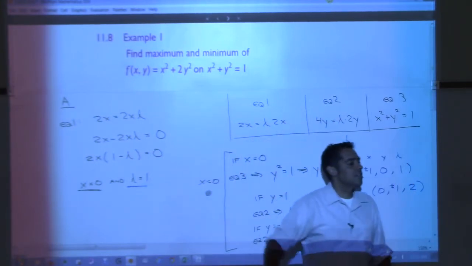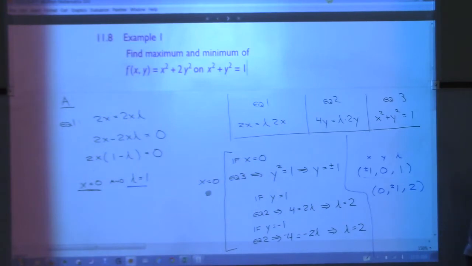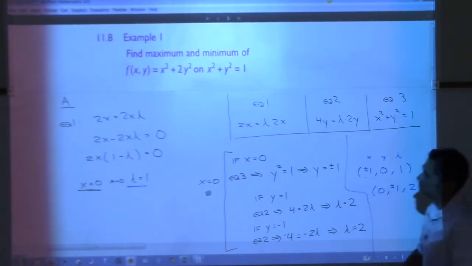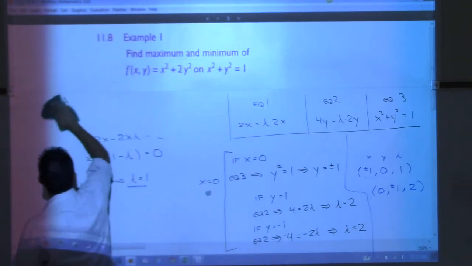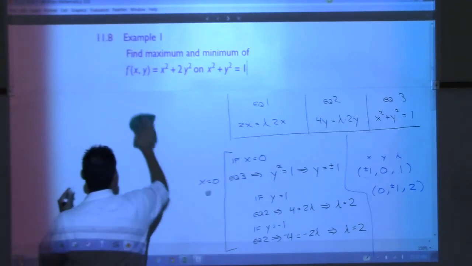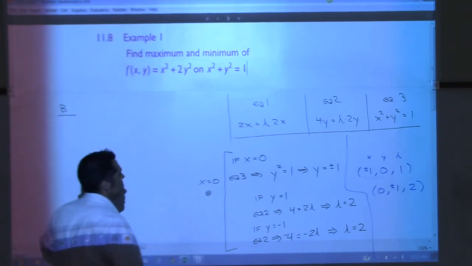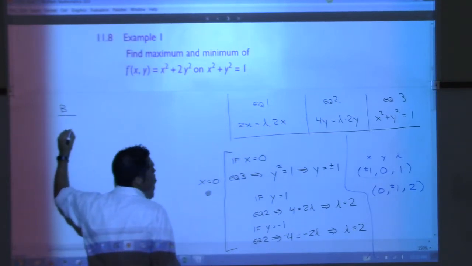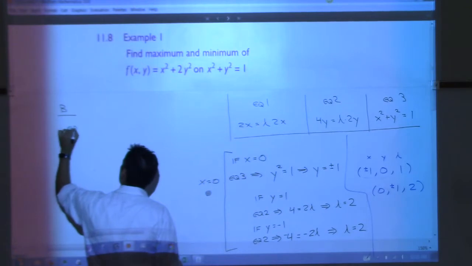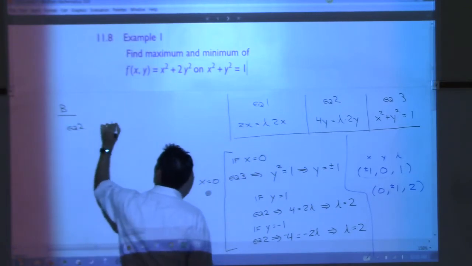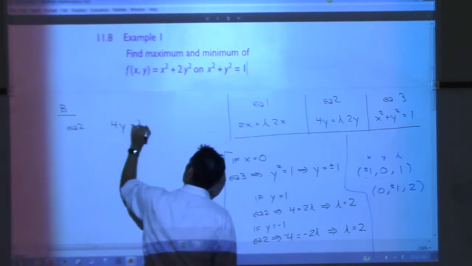Let's go take a look at the second equation and see if there's any possibilities that we have not exhausted. You ready to look at the second equation? Of course you are. I'll call this B. This is all within our second thought here. I'm going to start with equation 2, and I'm going to write down 4y equals lambda times 2y.